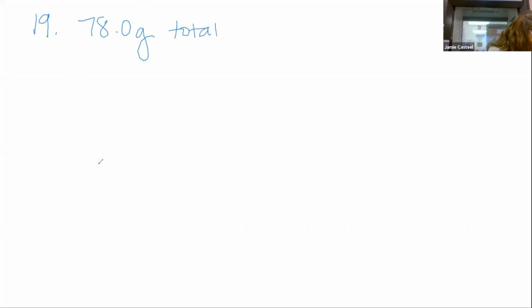What did they give me element-wise? Yeah, 12.4 grams of hydrogen. And they want to know the percent by mass of hydrogen. So look back. Which one goes on top? Look back at the equation you wrote. The mass of the element.